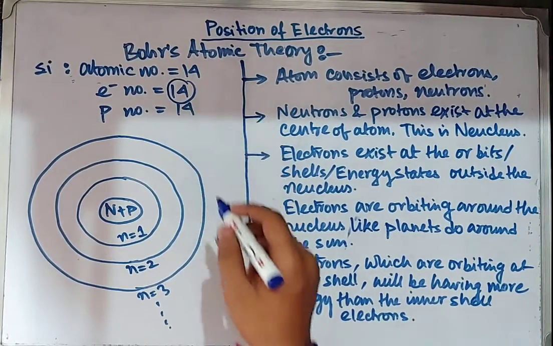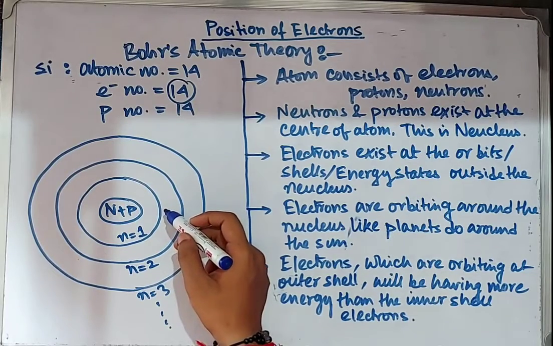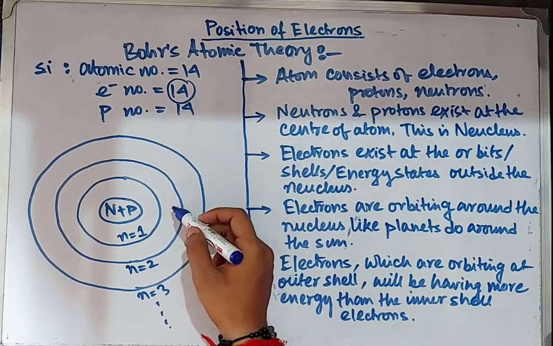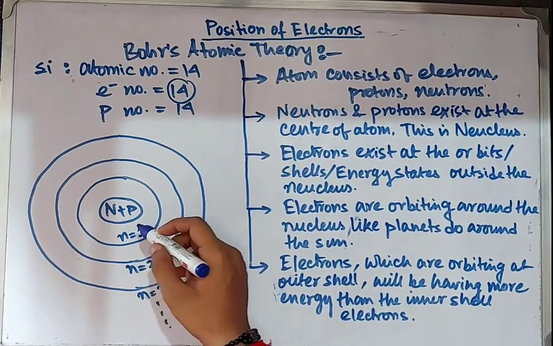How many electrons have to be put into the energy levels is also determined by this principal quantum number.